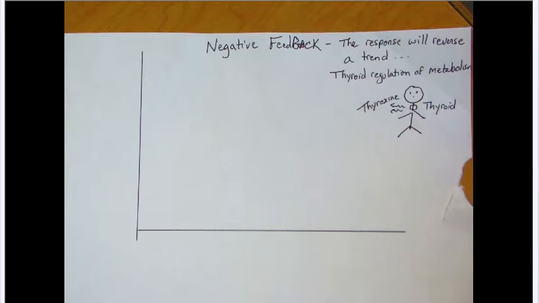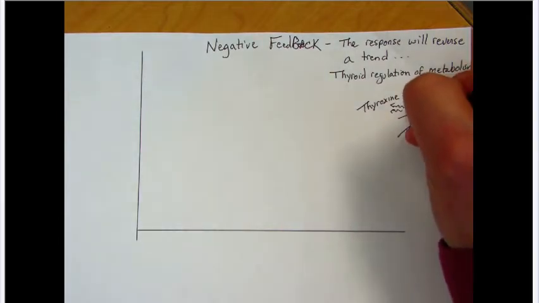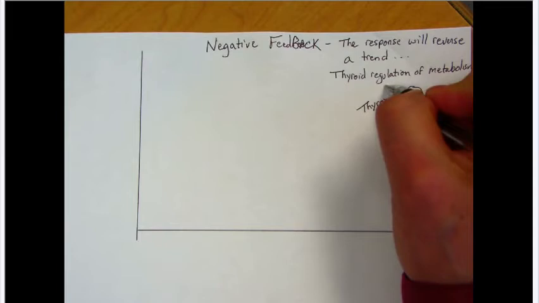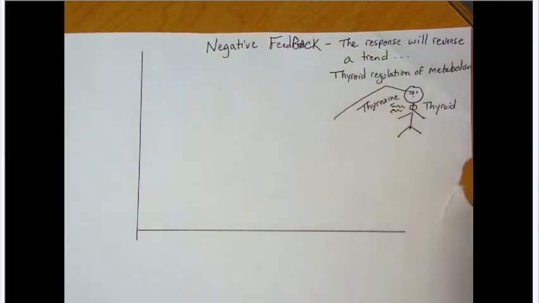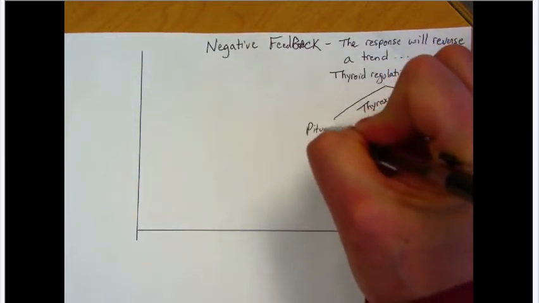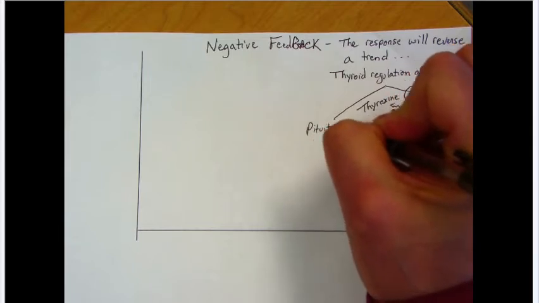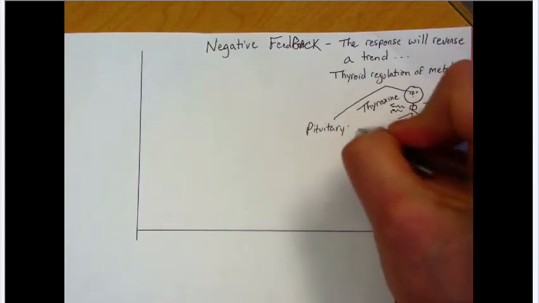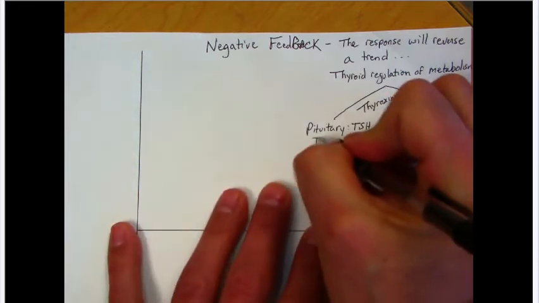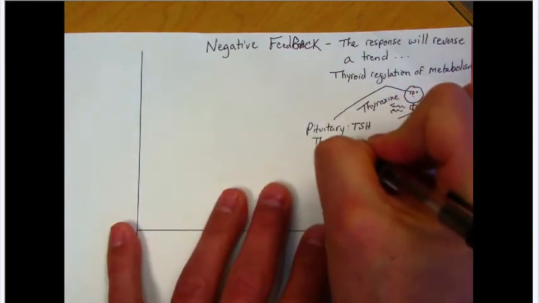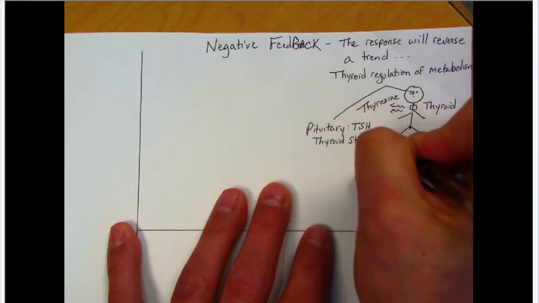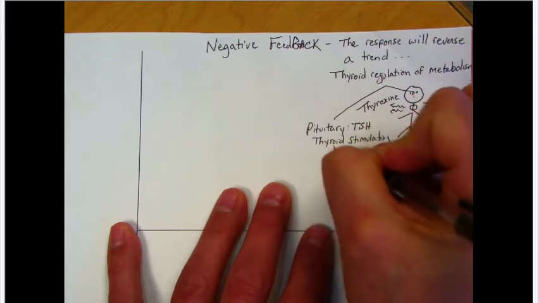The other gland that's involved here is the pituitary gland. And the pituitary produces TSH, that is thyroid stimulating hormone.